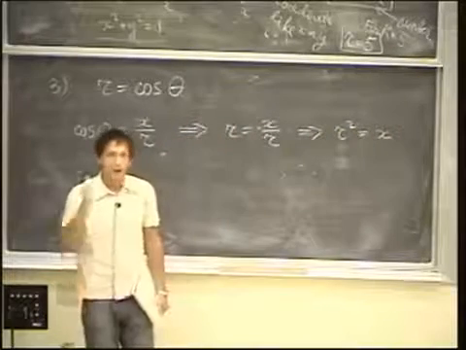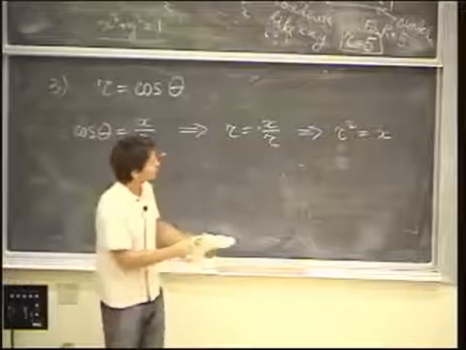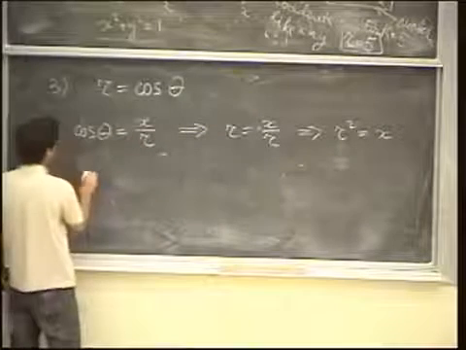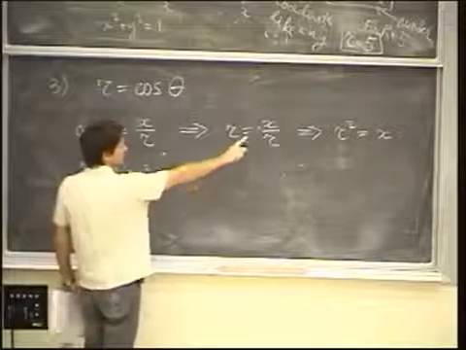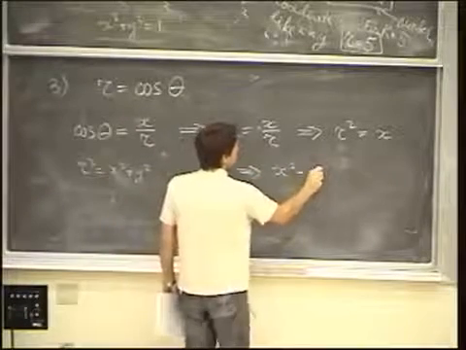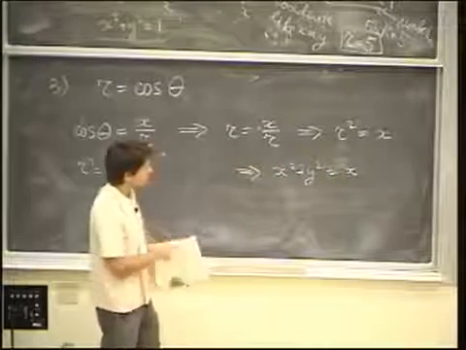Okay? And now is a good time to express r squared in terms of x and y. Because remember, r squared is x squared plus y squared. So we substitute here, and so the result is x squared plus y squared equals x. And this is already much more manageable.